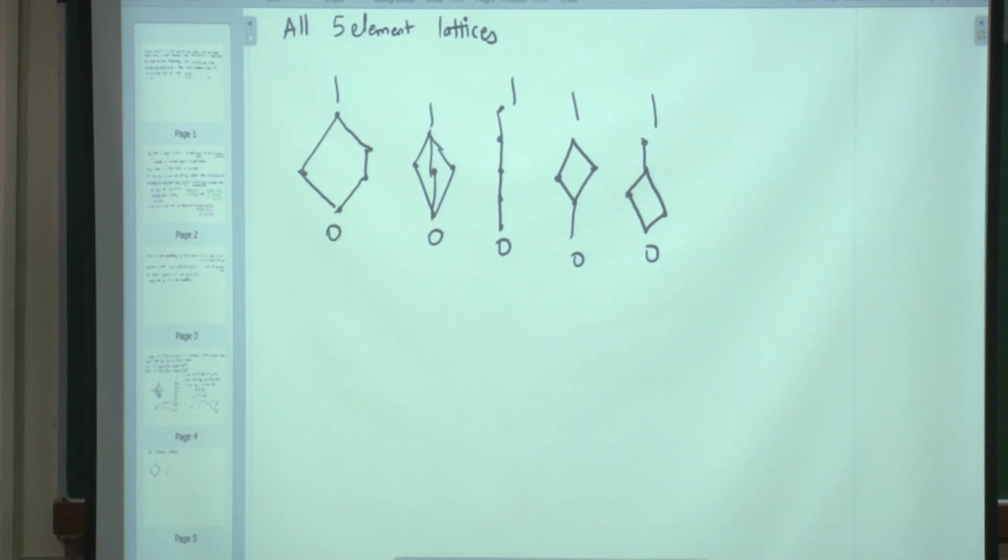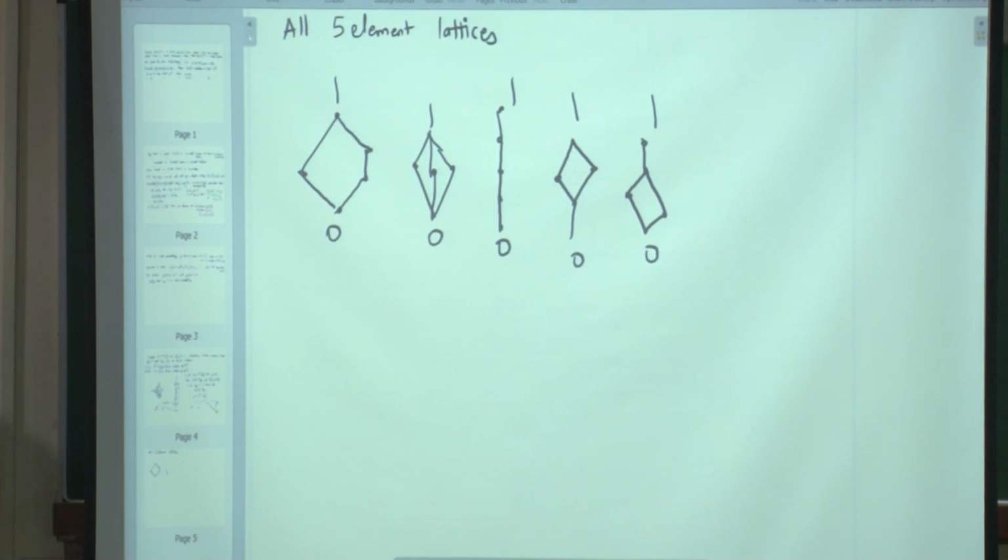If all of them are related, then that will give us a chain. If one element is related to both of them, then that will give us the kite or the reverse kite, and that's all. You are struggling to find another one.